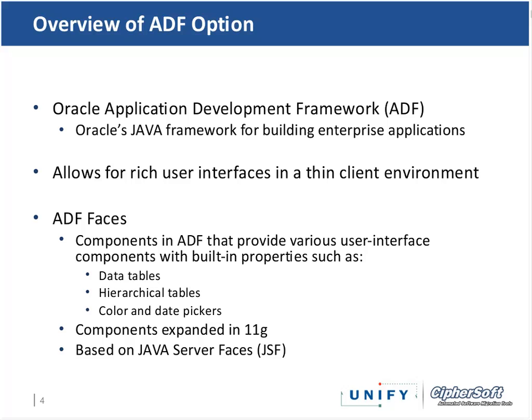And just as key, the built-in properties were expanded on some of these components as well. This was really key. It's very important when you're trying to create the rich functionality of a client-server Forms application, those rich user interfaces you have in your Forms apps. Having those extra properties and objects is important when you're trying to recreate that in a browser environment.